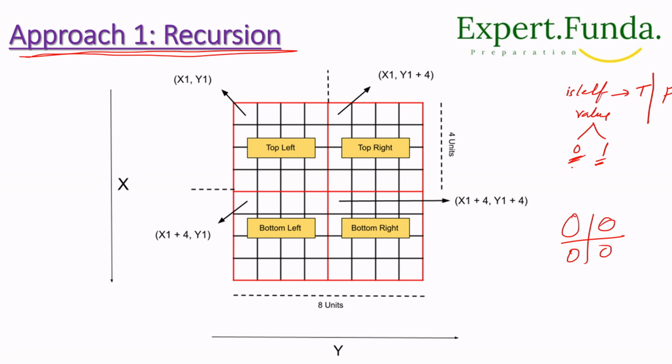As we have discussed, the matrix is square, and we can represent it by 2 coordinates such as top left and bottom right. So this is our top left and this is our bottom right.